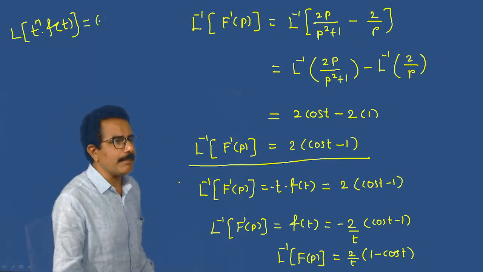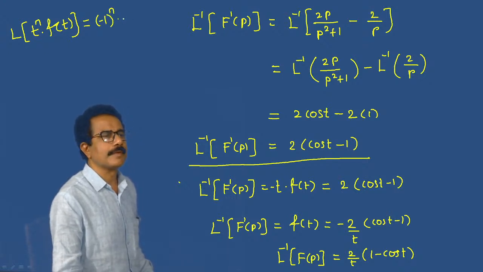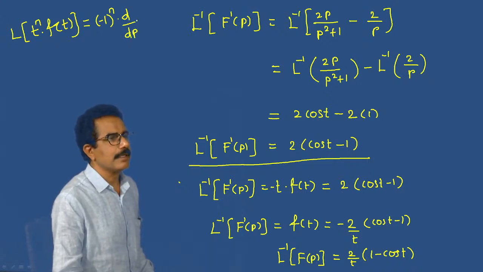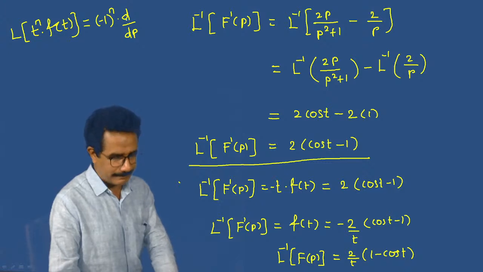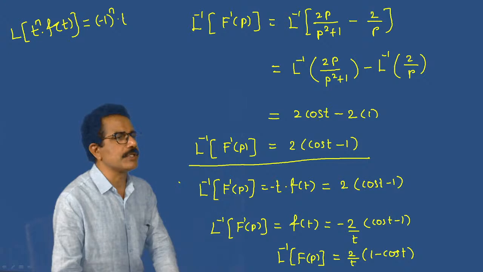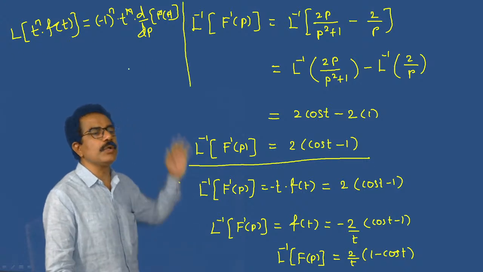So we can write minus 1 raised to n, d raised to n by dp raised to n of capital F of p, multiplied by t raised to n. Do you understand this? Do you know this formula?